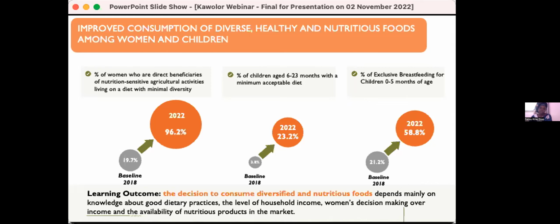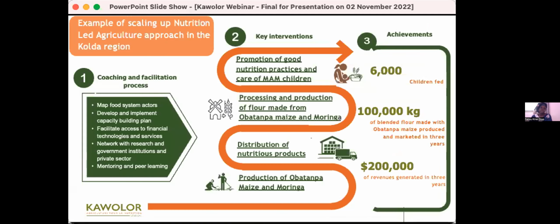Slide, please. My second slide is an example of scaling up the nutrition-led agriculture approach in Kolda, in South Senegal. Here we can see that the project's role in NLA in general is coaching and facilitation.